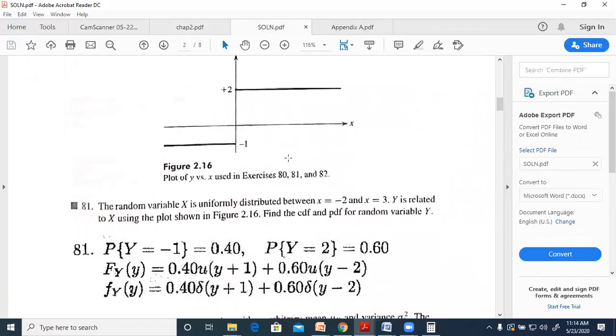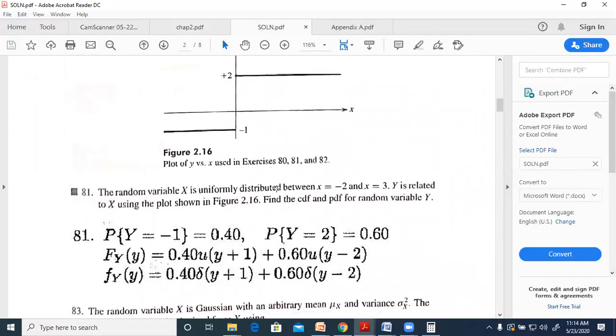Then we have 81. 81 says the random variable x is uniformly distributed between -2 and +3. Y is related to x using the plot shown in figure 2.16. Find the CDF and the PDF for the random variable y. So for that, we need to consider the figure over here.